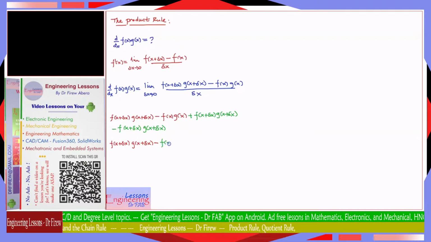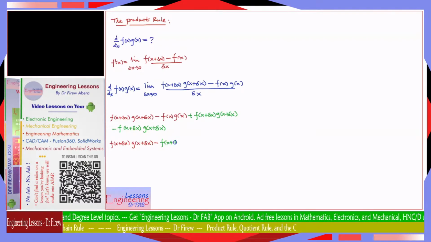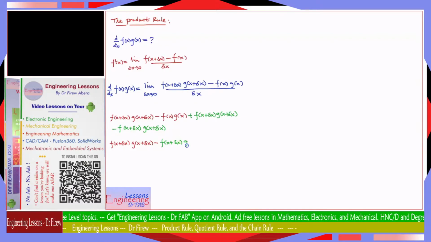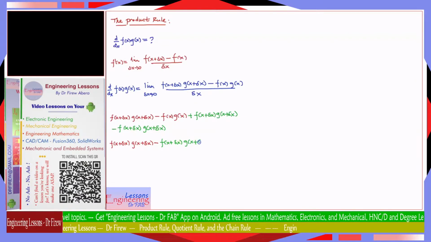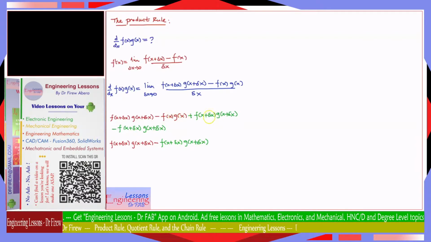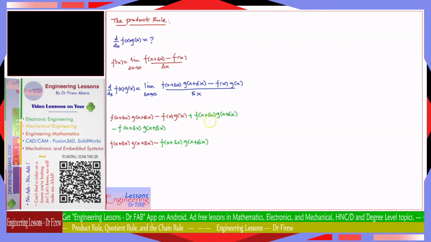So f of x plus sigma x times g of x plus sigma x. Okay, and let us bring this again now.